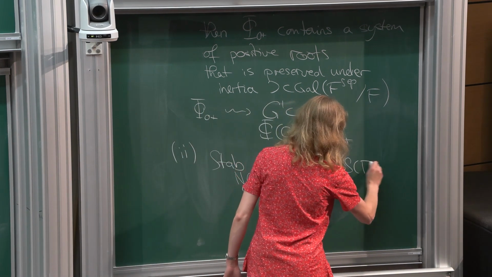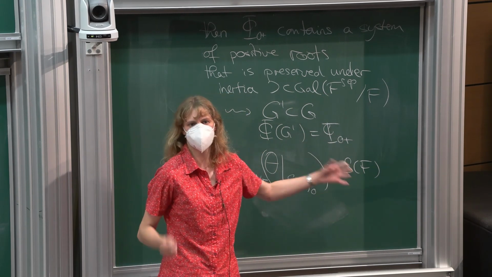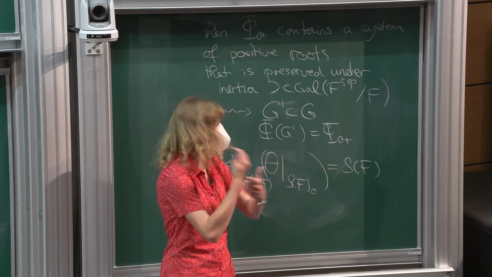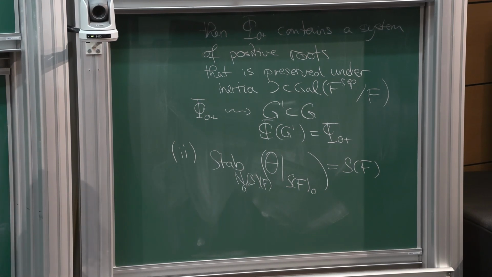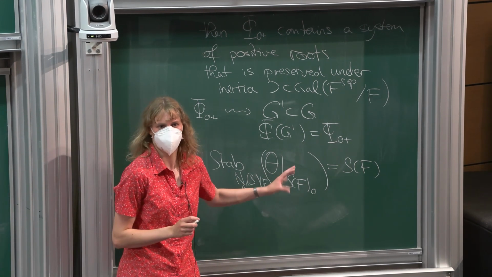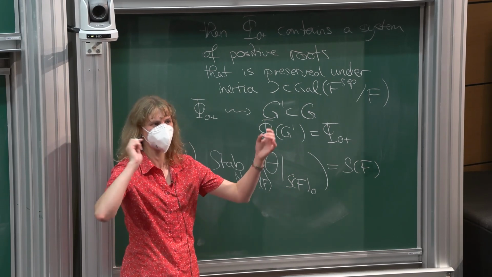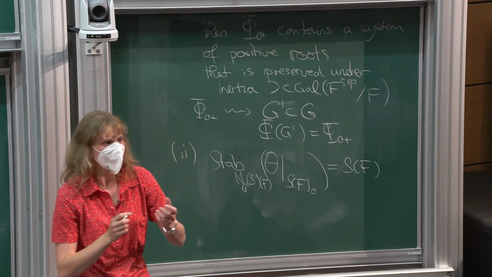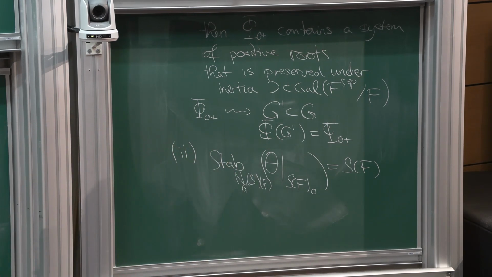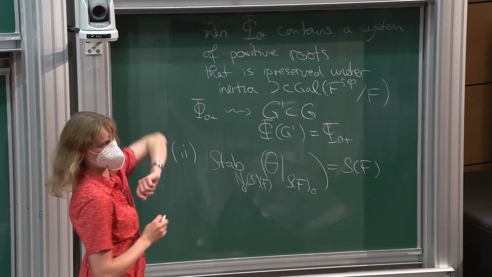Therefore, it has to be S of S, because the torus itself stabilizes the character. If you conjugate with something in it, the torus is commutative, nothing happens to it. And we want that nothing else preserves the character. So in other words, any other element, if you conjugate the character by it, you get a different character. So it's just somehow as regular as you can imagine. So that's the notion of an elliptic regular pair.